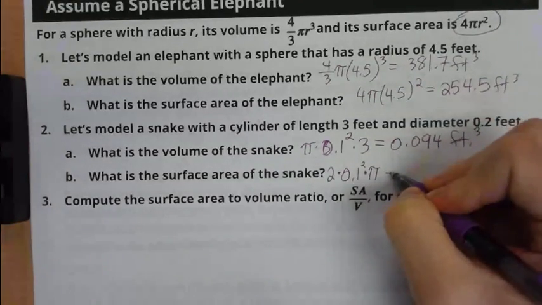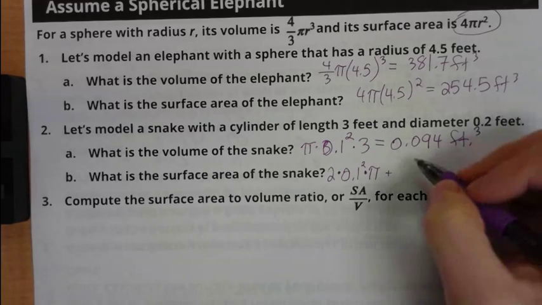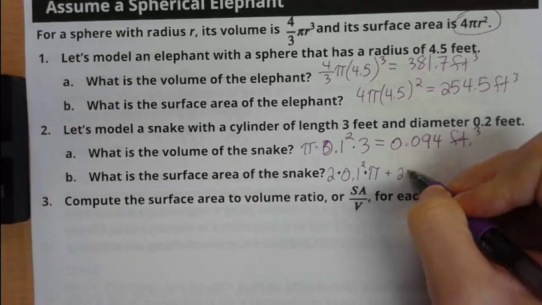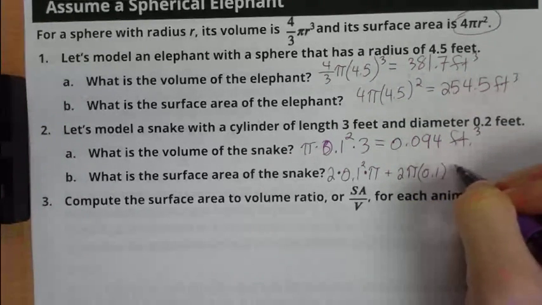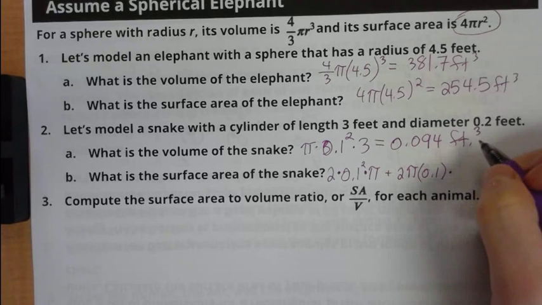And then we're going to be adding to that, which is basically, when you think about a cylinder, finding the circumference on the top and multiplying it by the height all the way down, which gives the surface area of the entire outside. So we have the circumference, 2 pi times our radius of 0.1, multiplied by the length of 3.